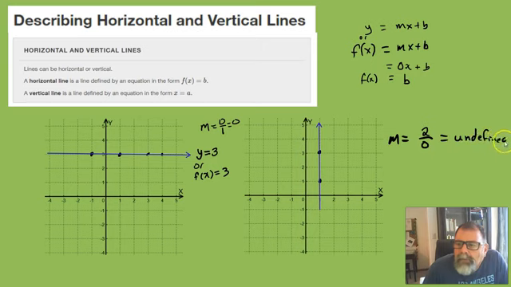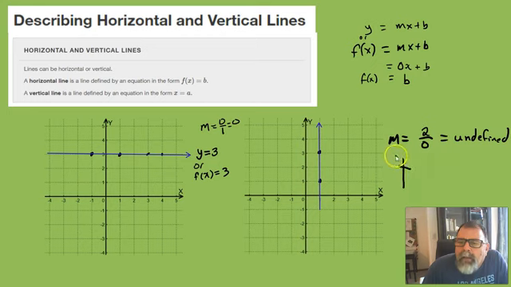It doesn't have a slope. It's not a number. 0 is a number, but again, it's 0. So we've got to be careful. Undefined. This one has no slope, so you can't put it in slope-intercept form.